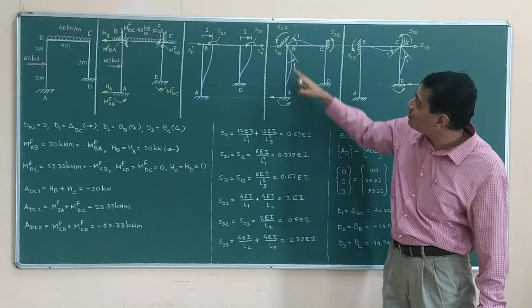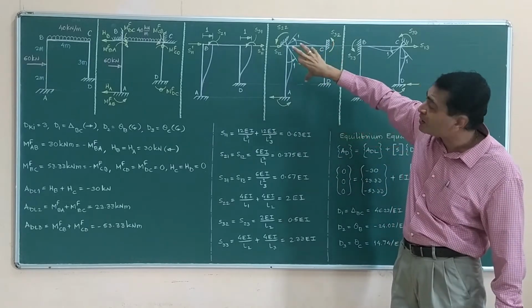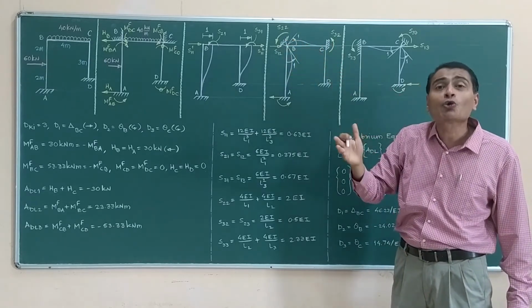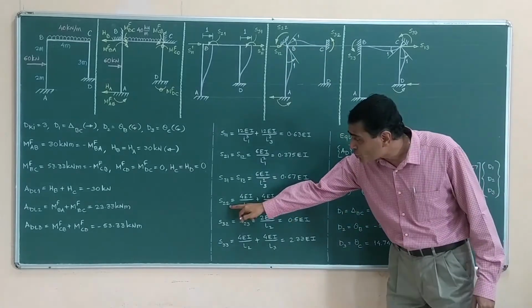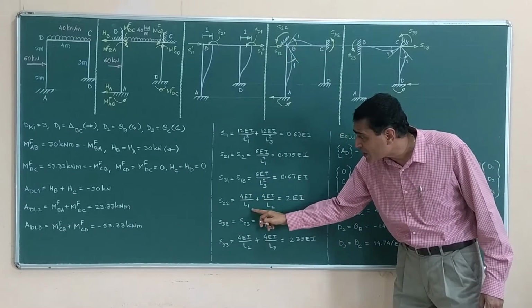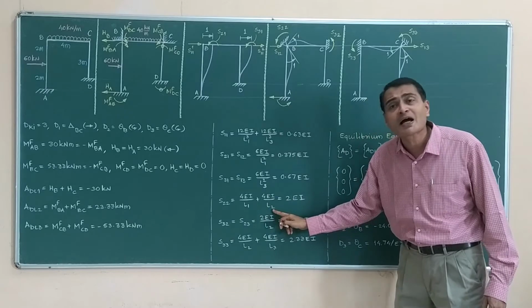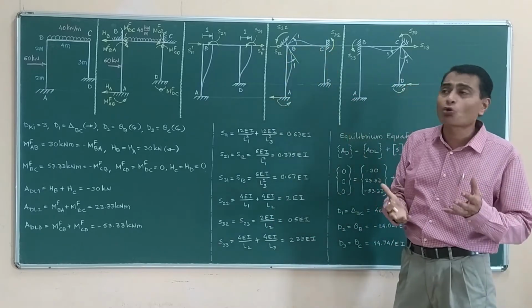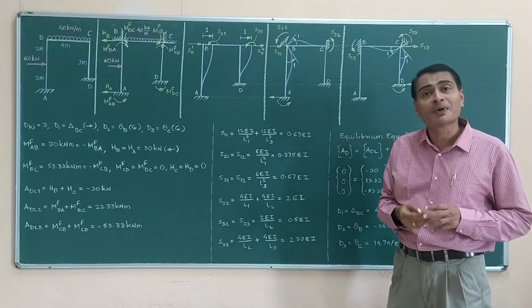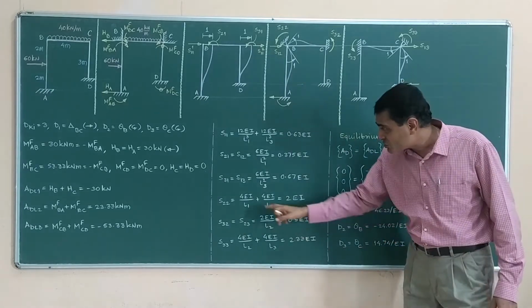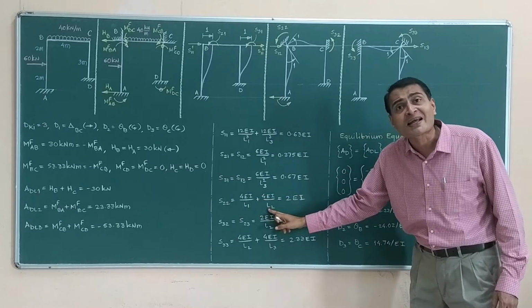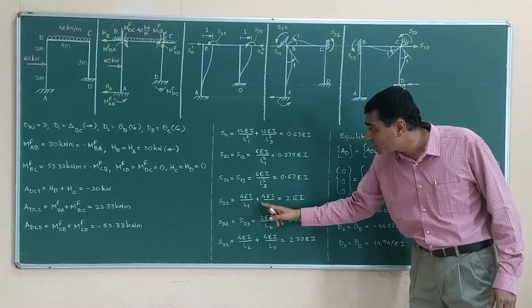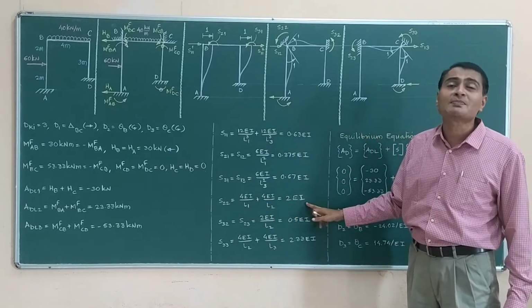Since both members BA as well as BC are undergoing unit anticlockwise rotation, S22 is equal to 4 EI upon L1 plus 4 EI upon L2. Both L1 and L2 are 4 meters as per the original given data, so this will be 4, 4 and 4, 4 cancelling out, giving me 1 plus 1 is equal to 2 times EI.